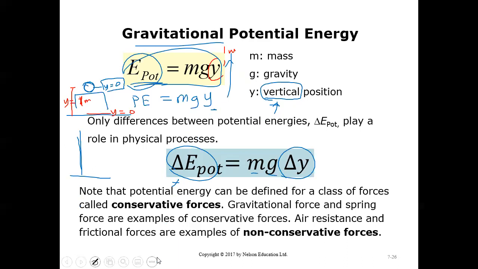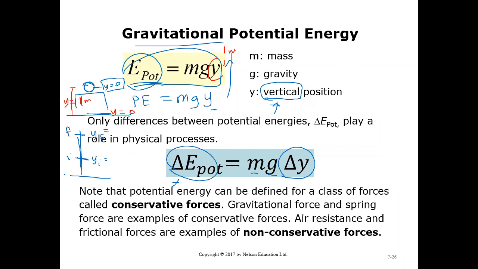So now, let's say you have two points, the initial and final. Let's say this is the initial and this is the final, and y initial, y final. It depends on where you put the 0.